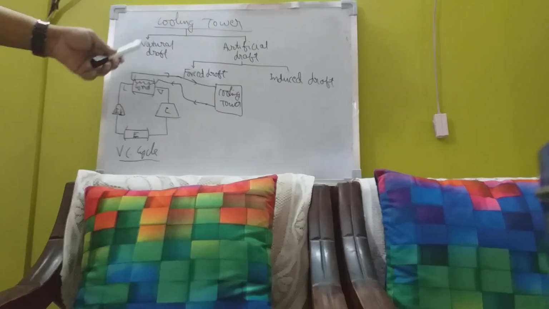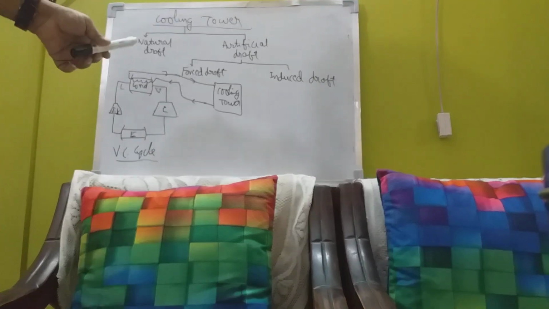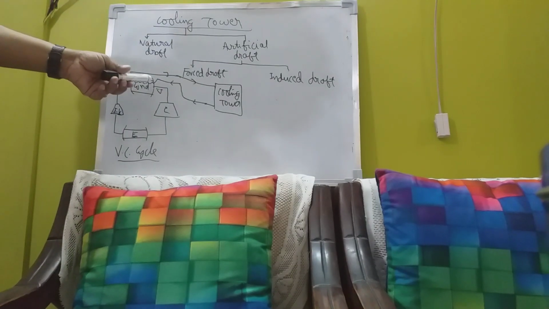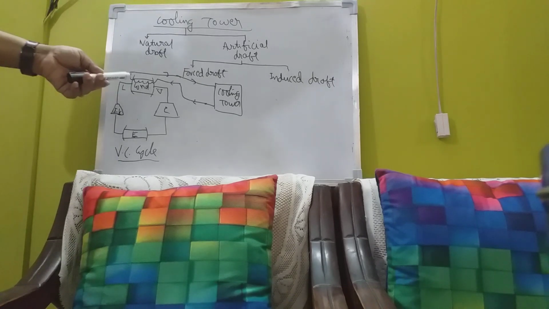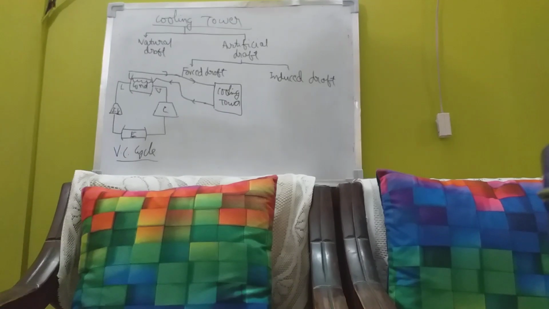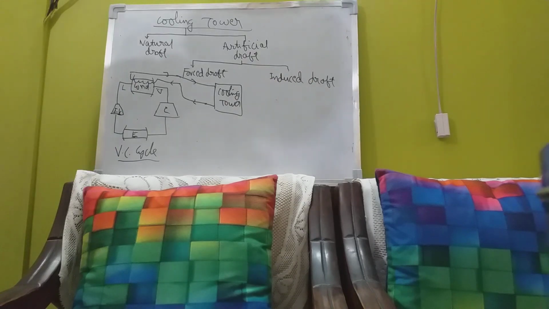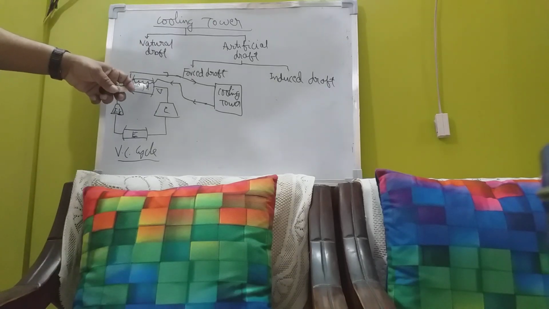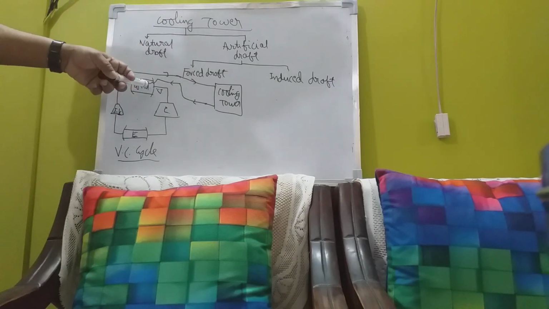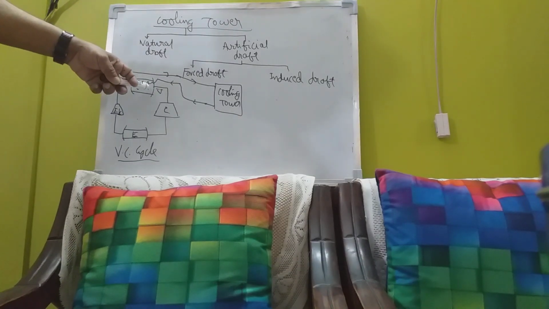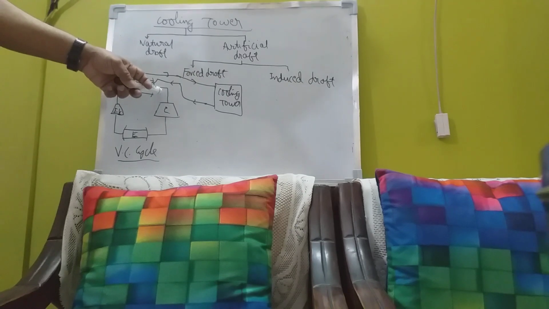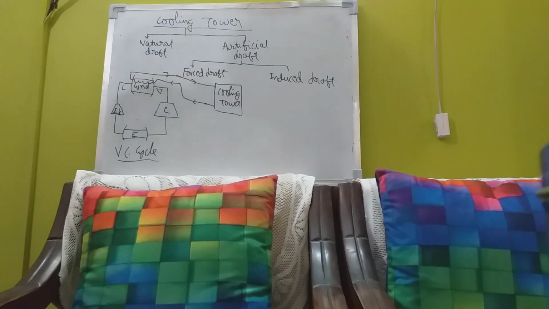Other than that, in case of your house condenser, you are doing the cooling through air cooling. That is why you are putting a fan here and passing air to the condenser. Because these are small units, you don't need a cooling tower. Simple air is passed over the condenser, and the air sucks heat from the gas, itself gets heated, and the refrigerant vapor gets converted into liquid.